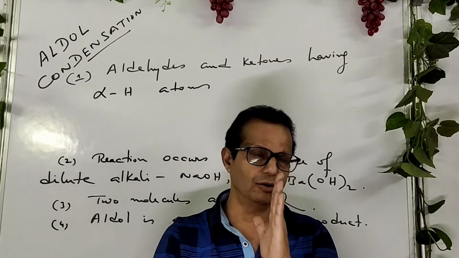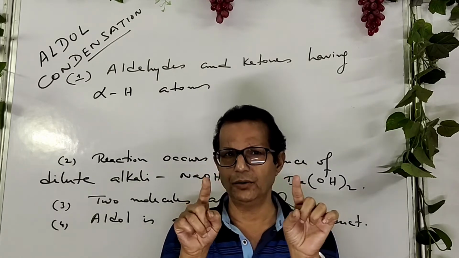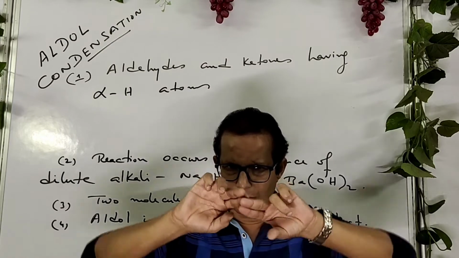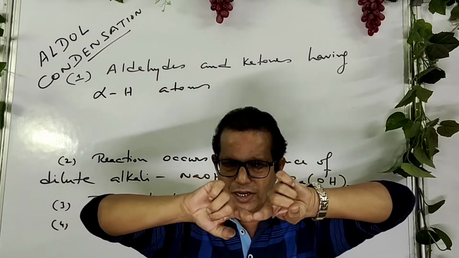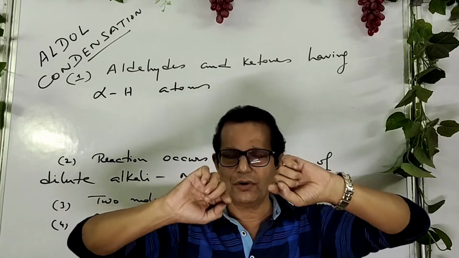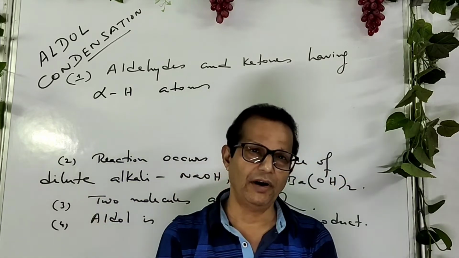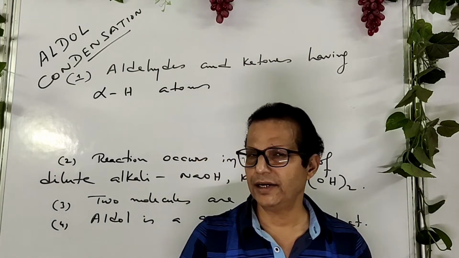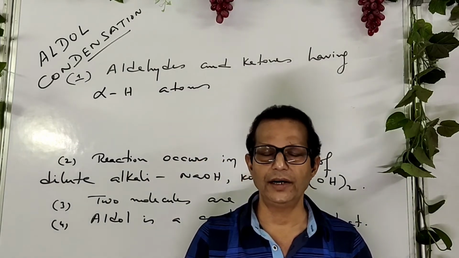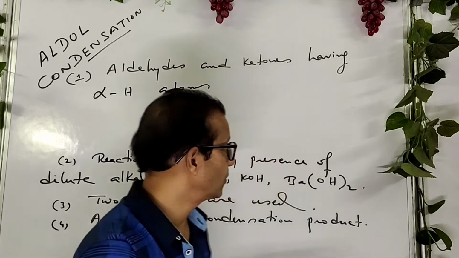If you consider a ketone, C double bonded O, the adjacent carbon of the keto carbon, if it contains hydrogen atoms, they are called alpha hydrogen atoms. So, try to understand the alpha hydrogen atoms of aldehydes and ketones.